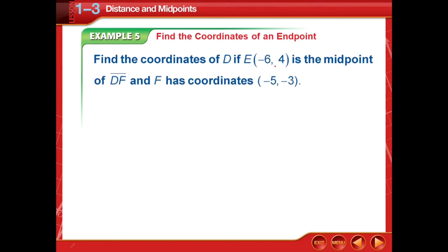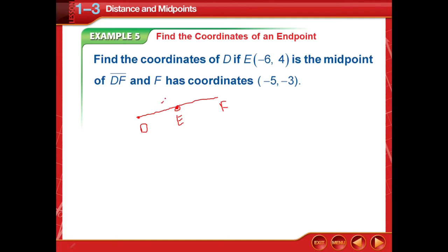So in this example, I am given the midpoint because it says find the coordinates of D if E, negative 6, 4 is the midpoint of DF and F has coordinates negative 5, negative 3. I like to draw a picture to help me here. And I know that my first point is D and my last point is F. And I know that E is the midpoint because that's what the given information is.